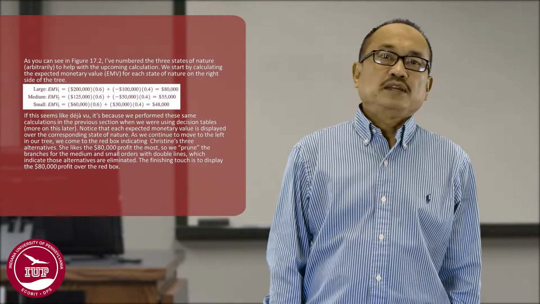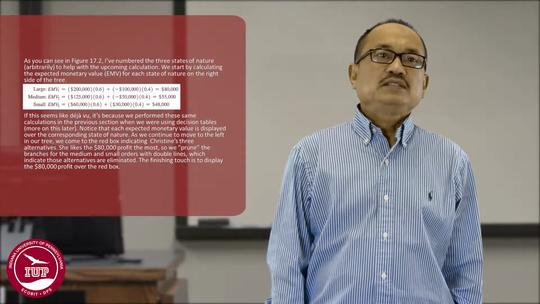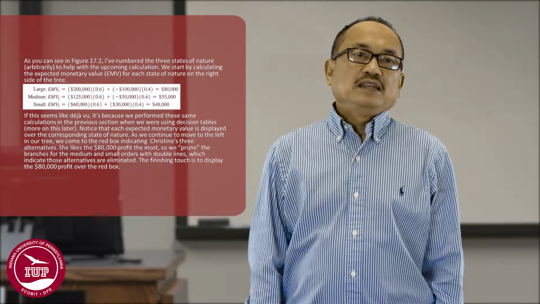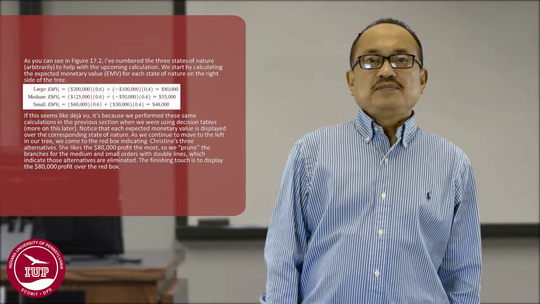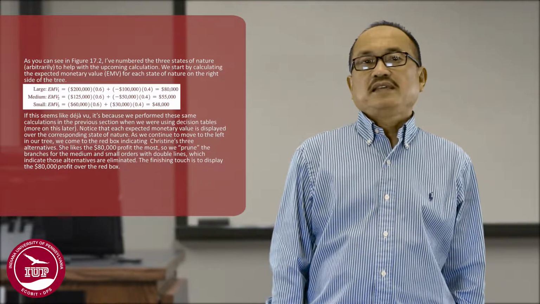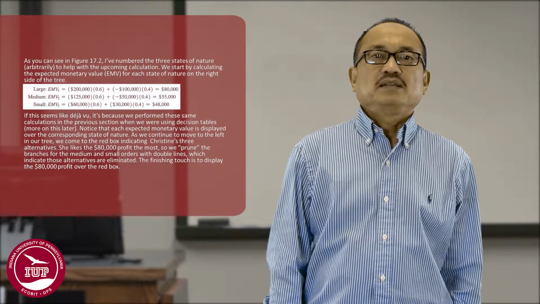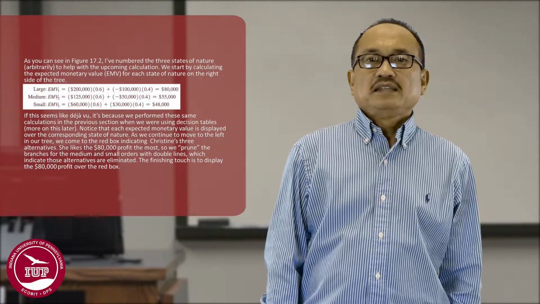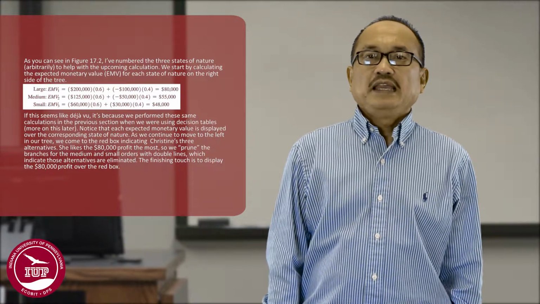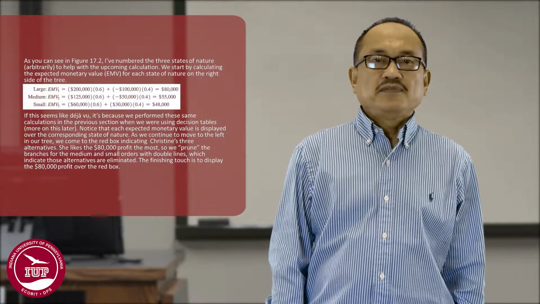Large is equal to $80,000, medium equal to $55,000, and small equal to $48,000. If this seems like deja vu, it's because we performed this same calculation in the previous section when we were using the decision table. Notice that each EMV is displayed over the corresponding state of nature.